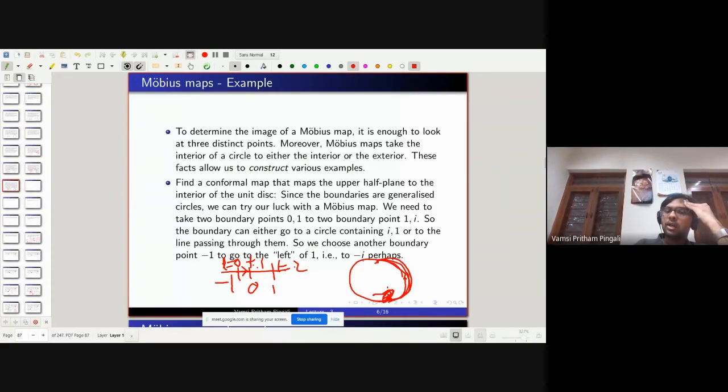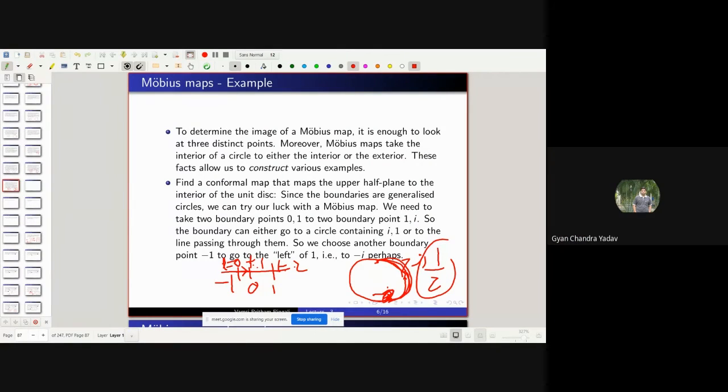Is it clockwise or anti-clockwise? That's the difference. But don't worry too much about this, okay? Just find 3 points, send them to 3 other points, get a map, just check if that's the correct one or not. If it is not the correct one, no problem. Just use z goes to 1 by z at the end of the day to get the correct one. Okay, not a problem.